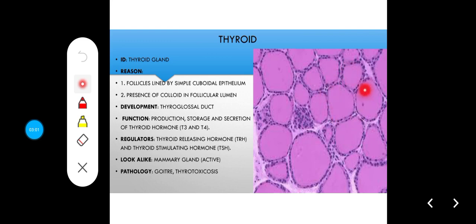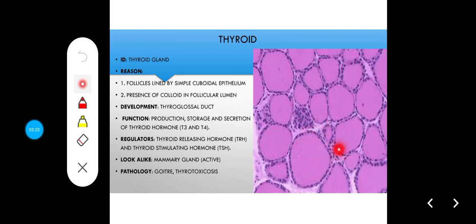So the colloid is this pink staining or eosinophilic material within the follicles. So if the follicles are moderately active, you see a fair amount of colloid.